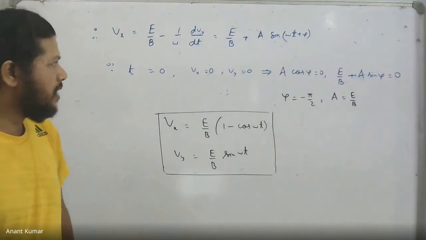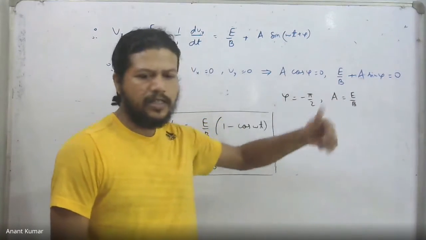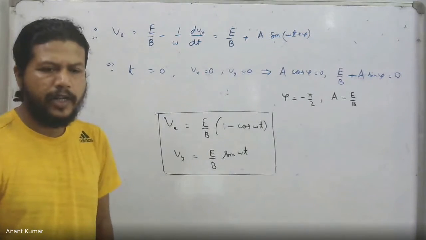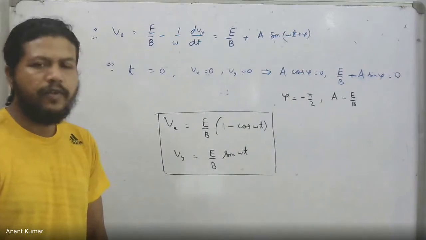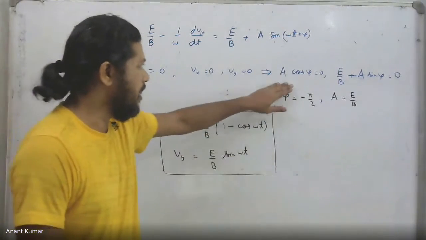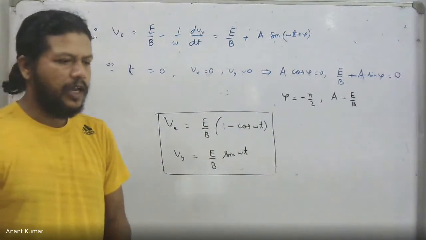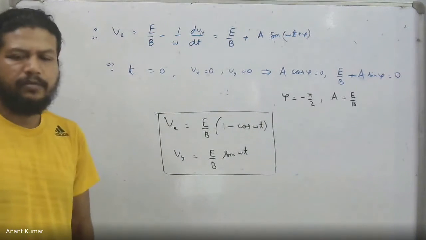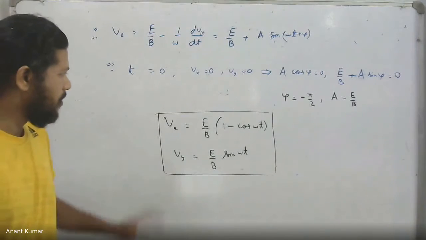If I take pi by 2, then A sin pi by 2 will become A. So I get A plus E by B equal to 0. So A becomes negative. But we don't want A to be negative because A is technically the amplitude. So I don't take that. Instead, I take phi equal to minus pi by 2. So if I take phi as minus pi by 2, this will be valid. And from here, I'll get A equal to E by B, which is a positive number, and therefore will be allowed. That is why I have taken phi to be minus pi by 2. Okay. So we end up getting Vx and Vy from there.